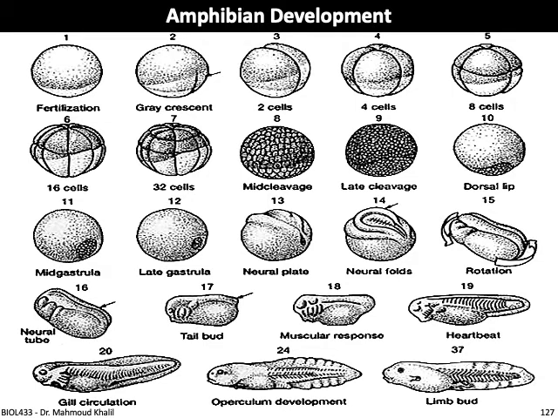This slide summarizes the developmental stages of amphibian development, starting from fertilization until the formation of the limb bud embryo, which is near hatching.